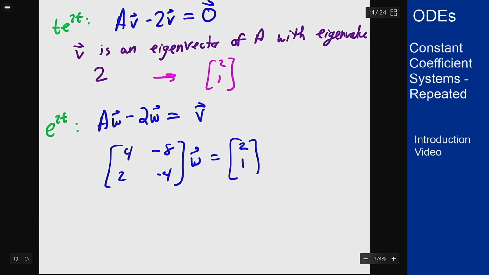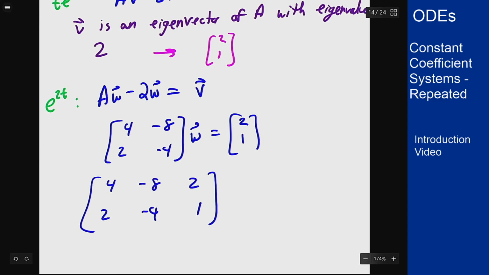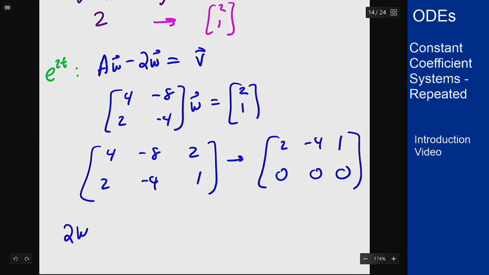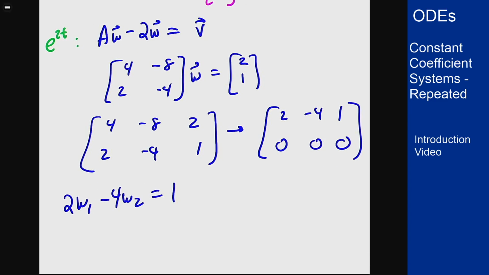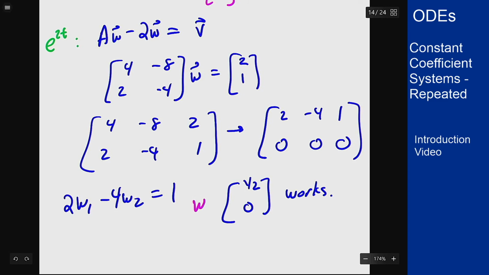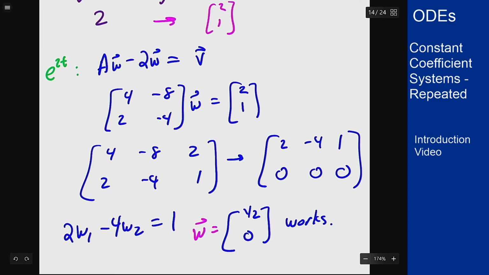If I row reduce this system, I can divide the first row by 2 and add things together, and I will get 2, minus 4, 1, 0, 0, 0, which means I need 2w1 minus 4w2 equals 1, and I can pick any values that make that happen. So I can pick, say, 1/2 and 0. So I'm going to pick w to be this vector, and I have v from before.